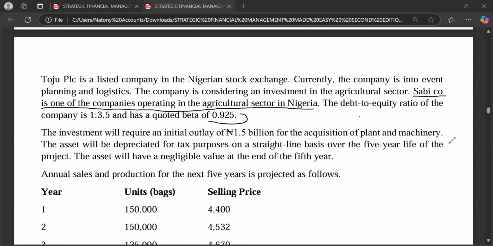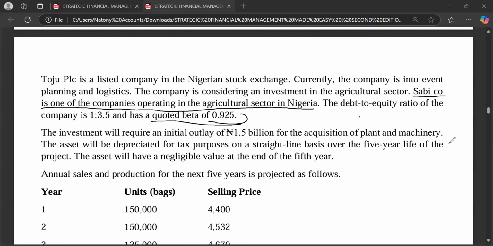So basically, I told you that you will need the proxy company either to calculate the beta of assets or the cost of equity on shares. It depends on the information given. In this question, we're not given the cost of equity of Sabico. Instead, we were given a quoted beta.